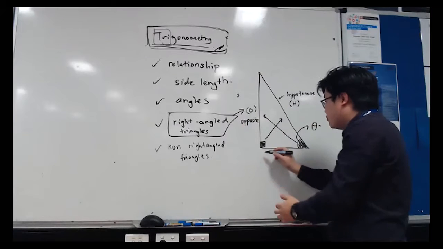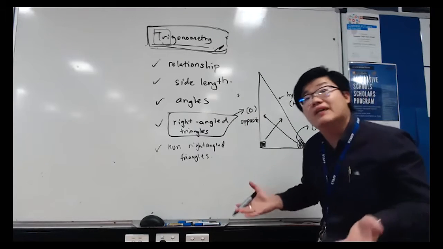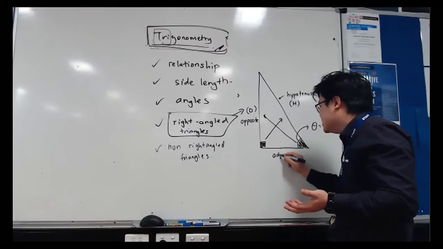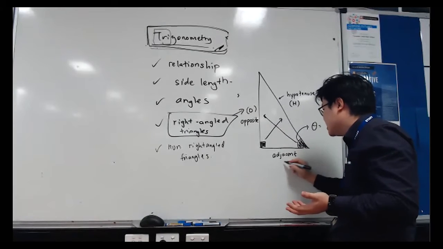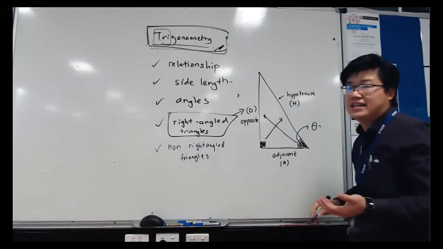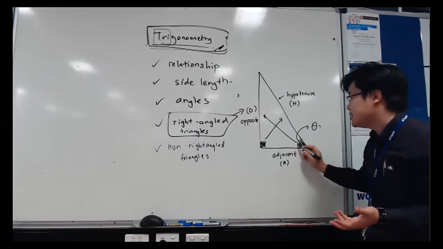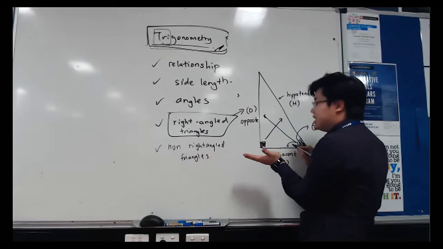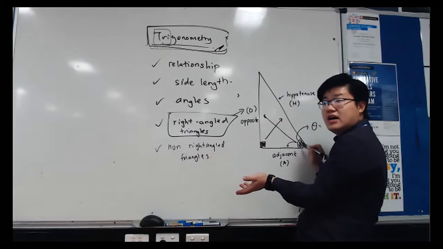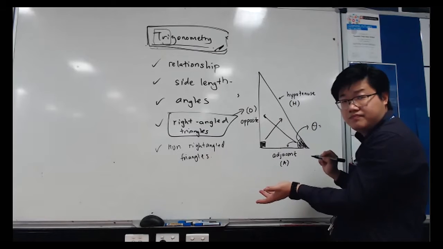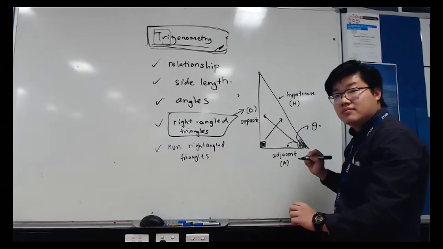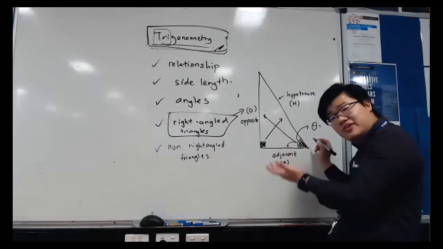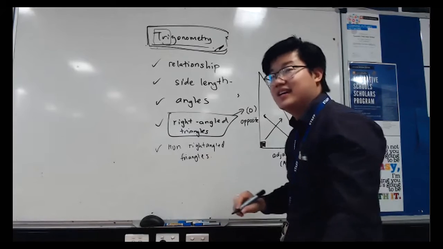We have one more side, and it's called the adjacent, or we can summarize it as A. Adjacent means the side which is situated directly next to the reference angle. Make sense? Yep, that's correct, it is an acute angle. Very good.